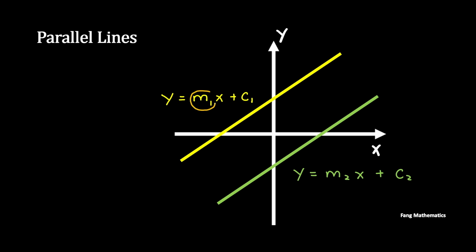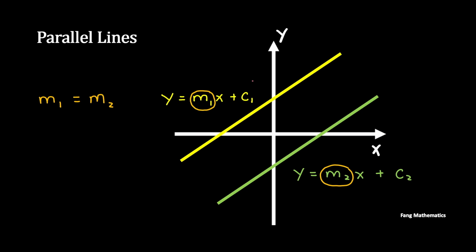What do you think the relationship between m1 and m2 is? How do you think of their slope? The conclusion is that their slopes should be equal to each other because they only move at the same speed, the same steepness. They will never reach each other.